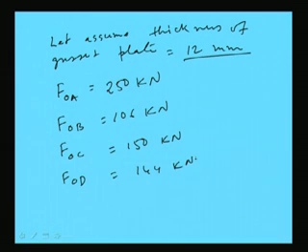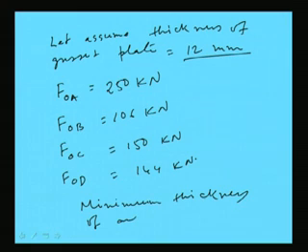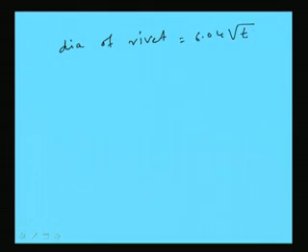Now, here one thing we should observe, that minimum thickness of angle is 10 mm. So, accordingly we can find out the approximate diameter of rivet as 6.04 into minimum thickness of all the plates.